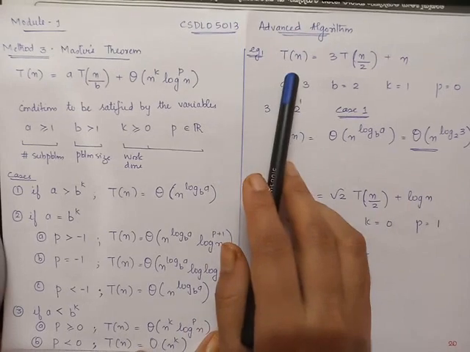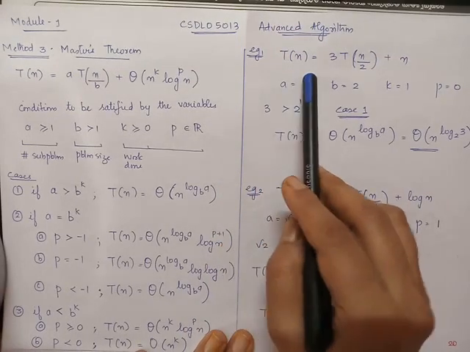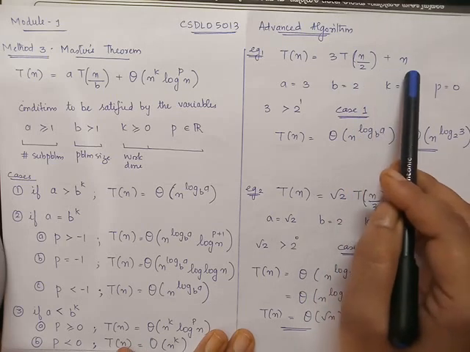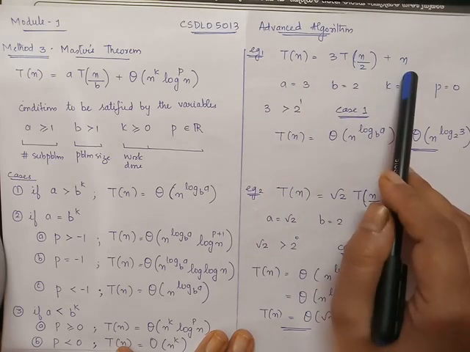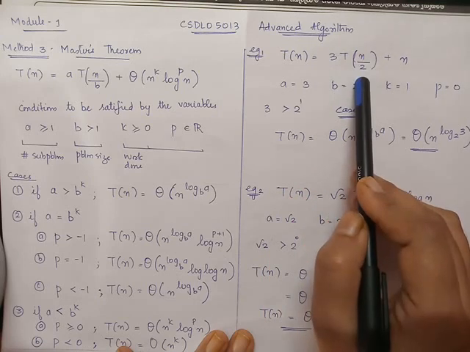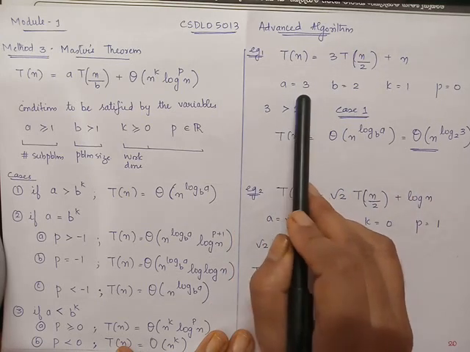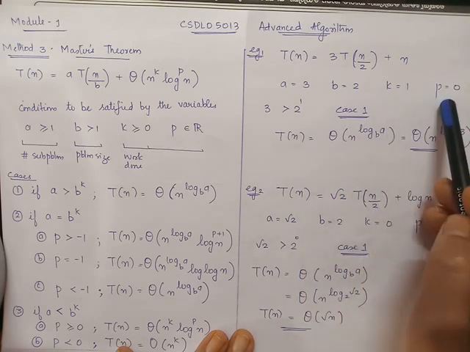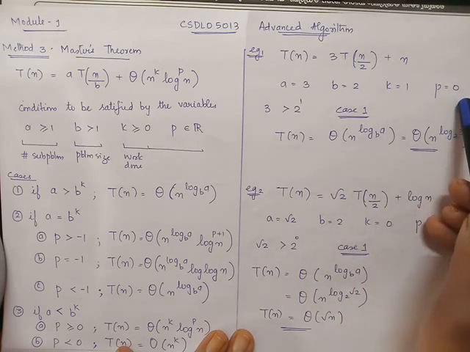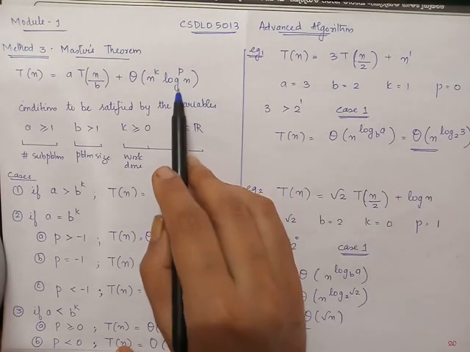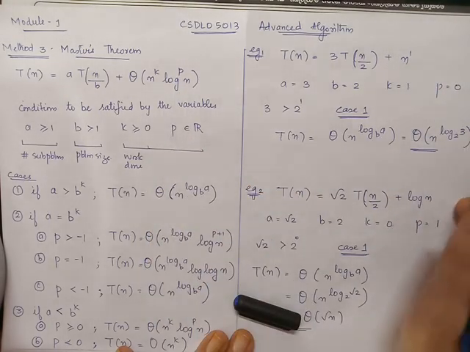So the example given here is T(n) is equal to 3 times T(n/2) plus n. This equation says that we have three subproblems of size n/2. Here a is equal to 3, b is equal to 2, k is equal to 1, and since there is no log term, p is equal to 0.